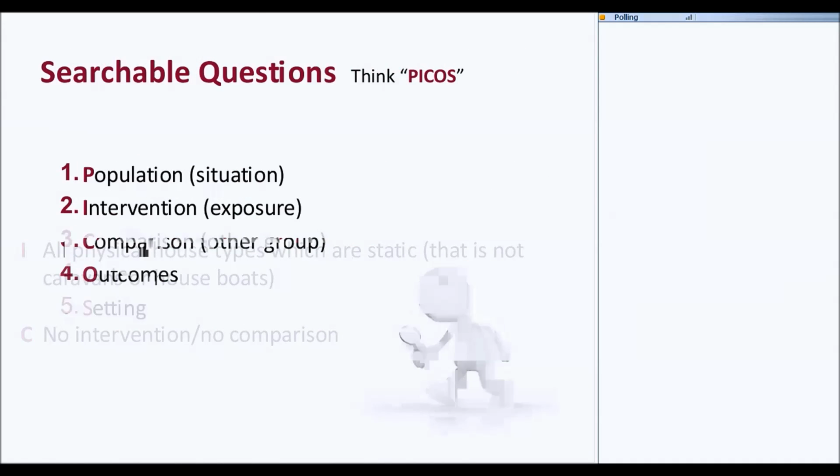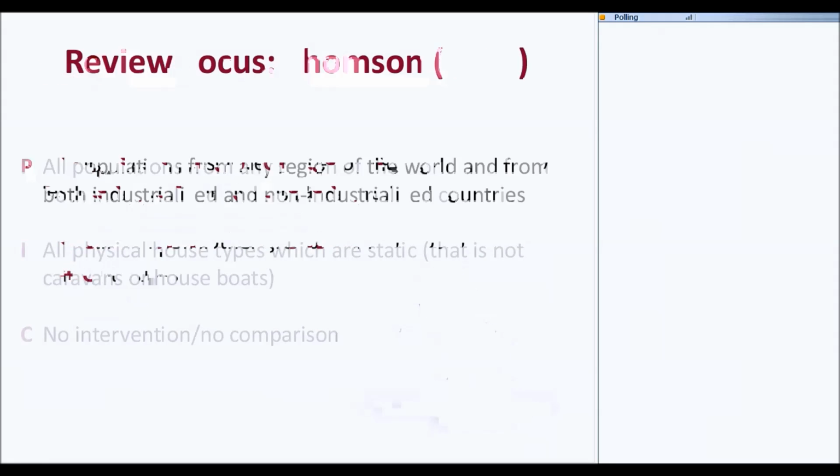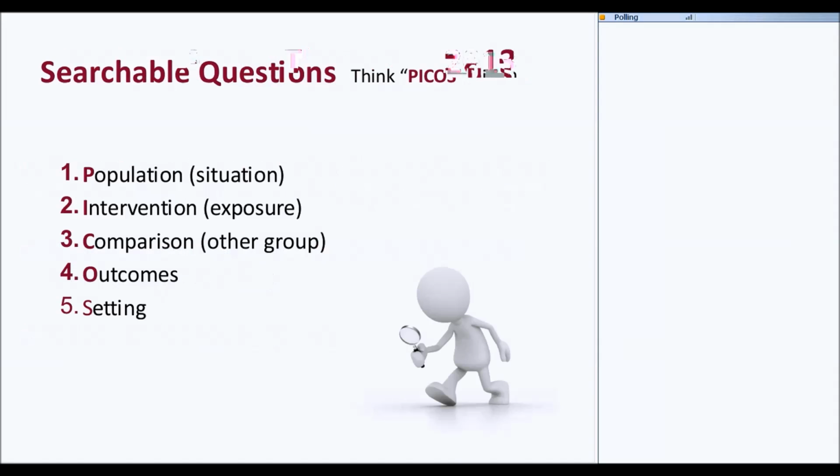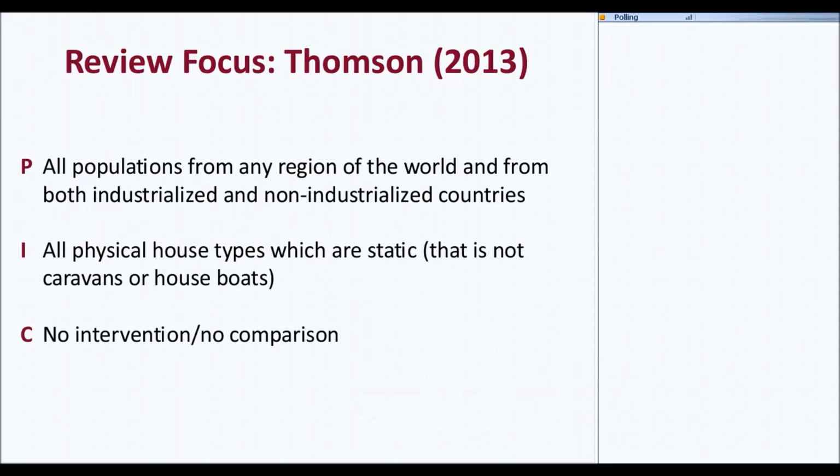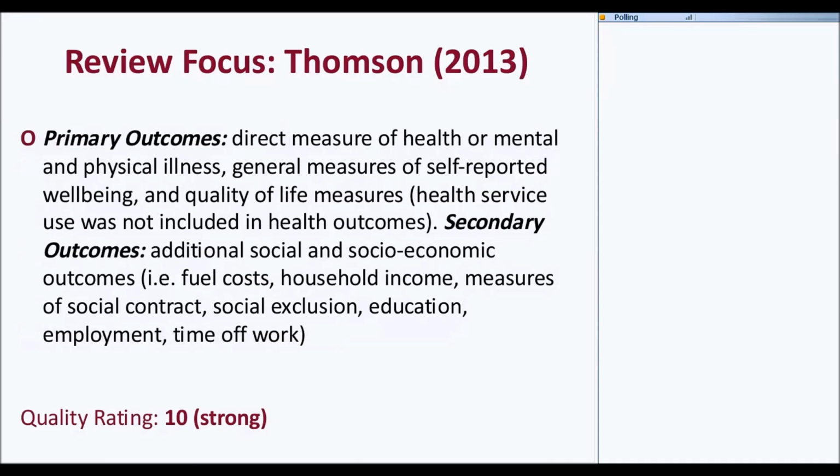The outcomes that the review focused on were direct measures of health or mental and physical illness, general measures of self-reported well-being, and quality of life measures. Health service use was not included in the health outcomes. Our secondary outcomes were additional social and socioeconomic outcomes, including fuel costs, household income, measures of social contact, social exclusion, education, employment, and time off work.